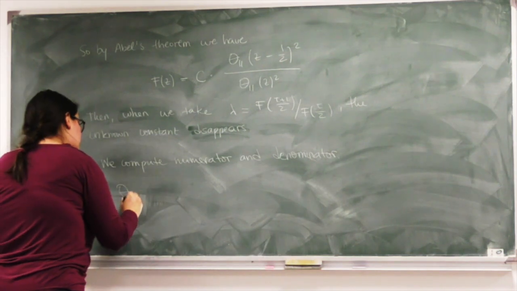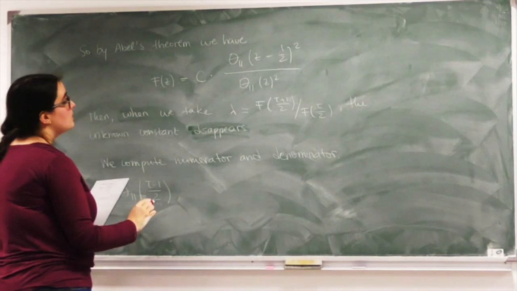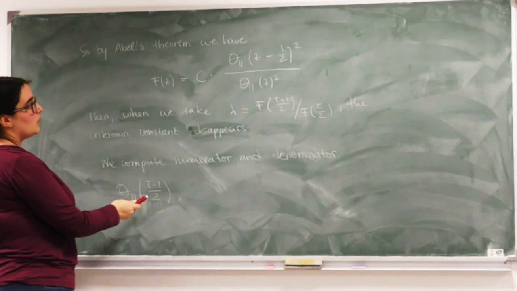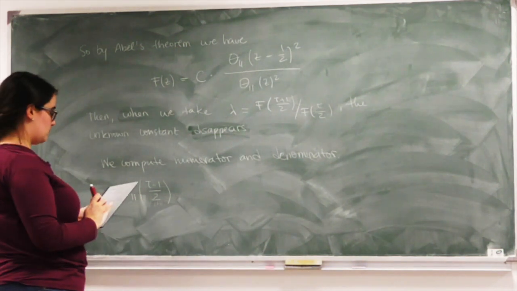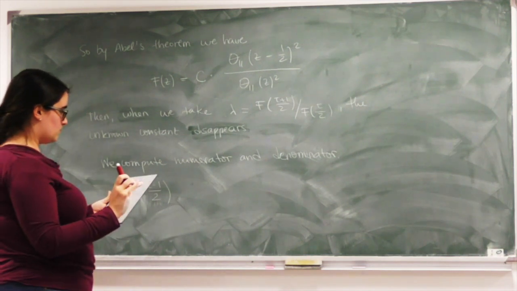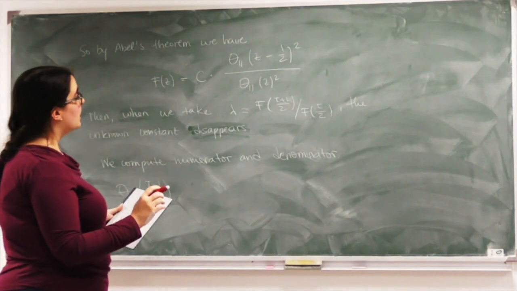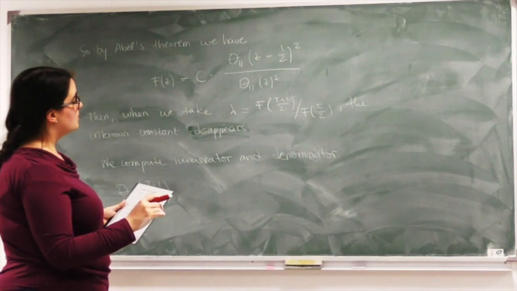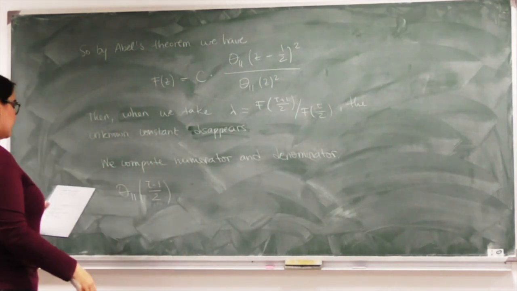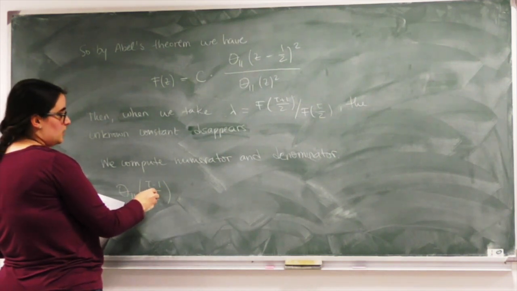So we have the theta 1, 1 of tau minus 1 divided by 2. I'm looking first at the denominator here. And we have that theta 1, 1 of tau minus 1 divided by 2.